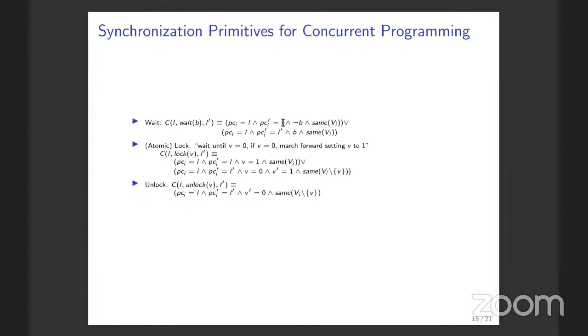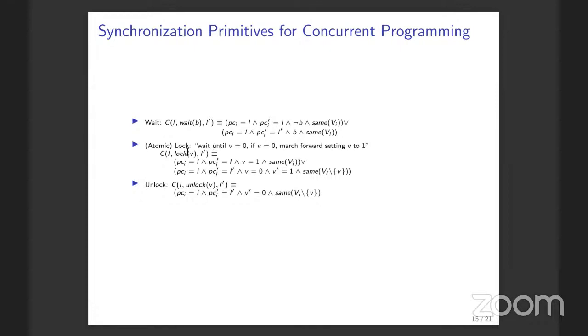The PC remains in the same location and the variables do not change either. But if B is true, then it makes the process move ahead to the post label given by I prime.